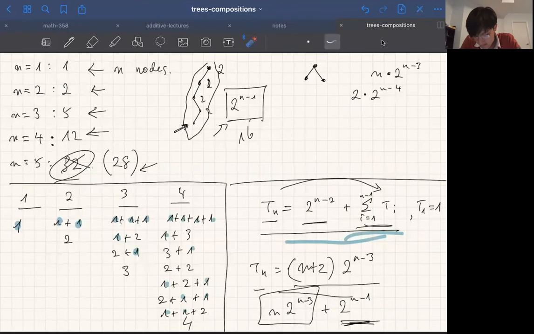So we're not counting any of these, and there's another 2 times 2 to the n minus 4. So basically it counts up to, yeah, n minus 3 times 2 to the n minus 3.